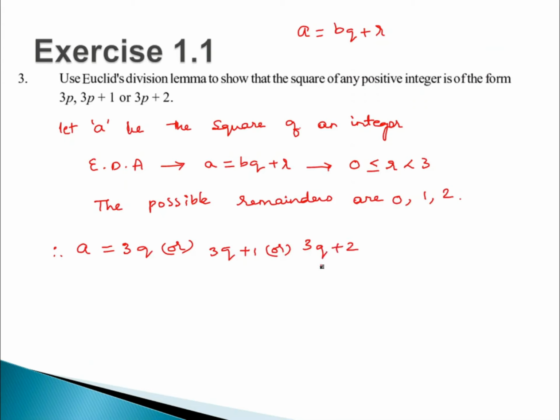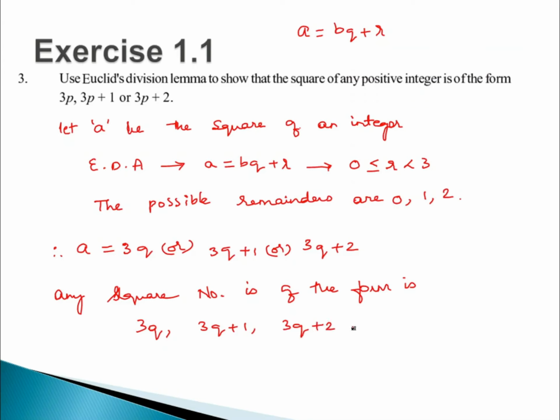So any square number is of the form 3Q, 3Q plus 1, 3Q plus 2, where Q is your quotient. Am I clear on this?